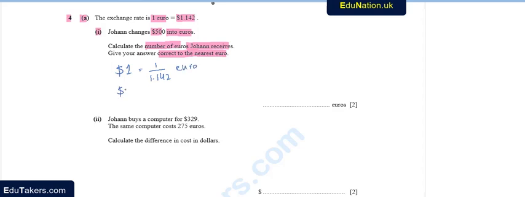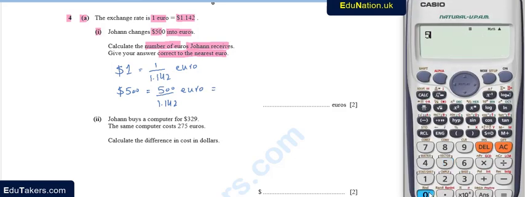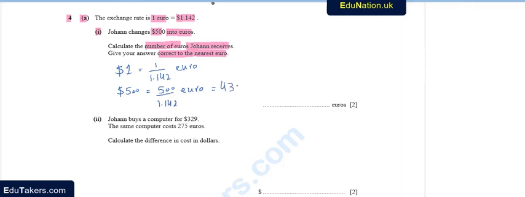Then $500 equals 500 over 1.142 euro, which is 437.83. Now correcting to the nearest euro, the answer will be 438.